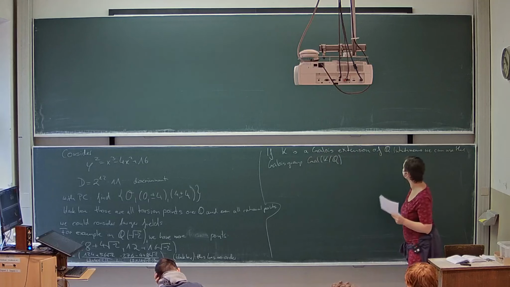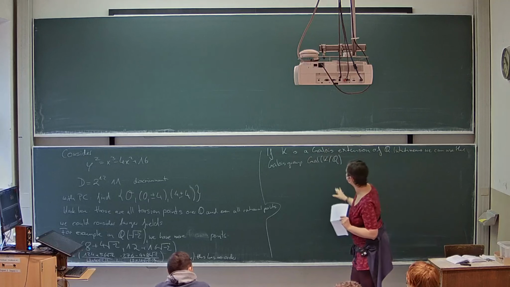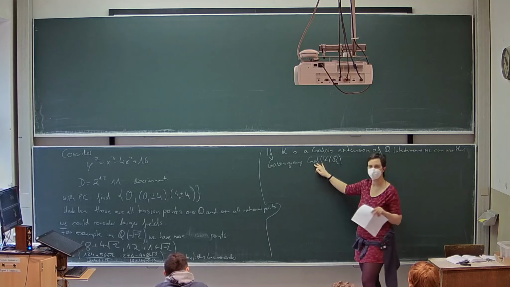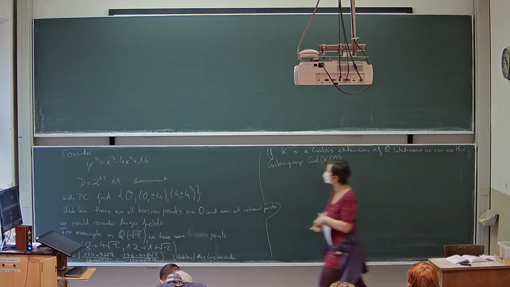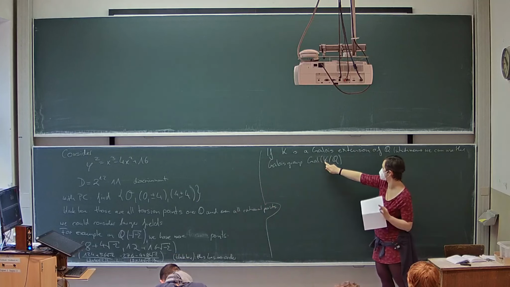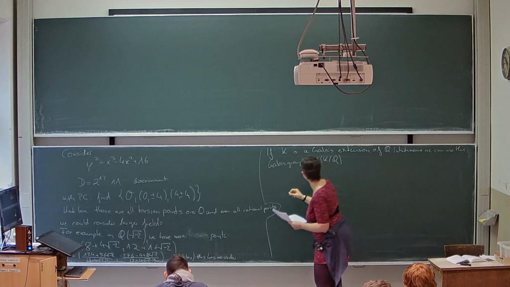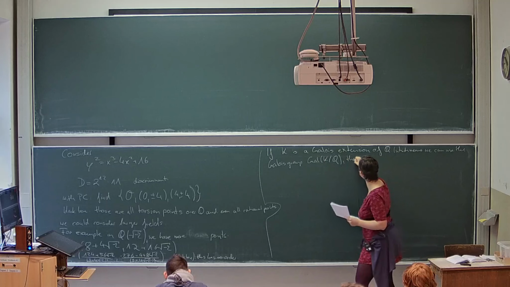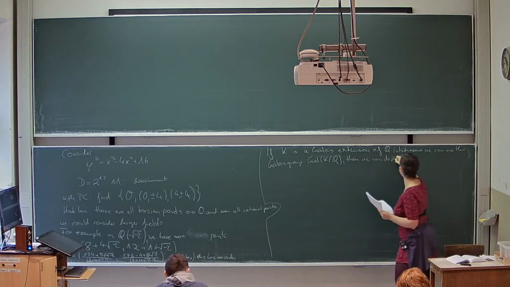So if K is a Galois extension of Q, then we can take elements in the Galois group and throw them onto points with coefficients in this field. Then we can do things.